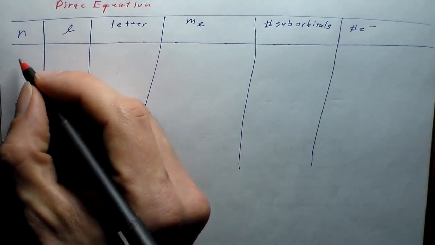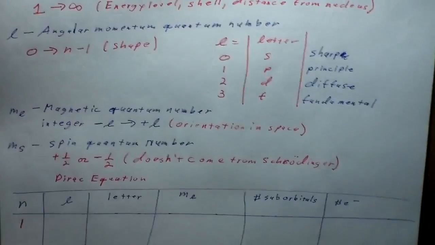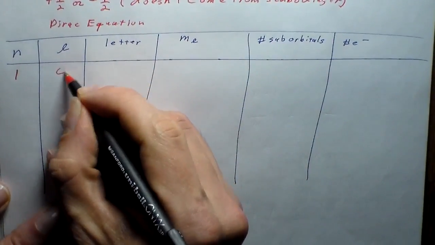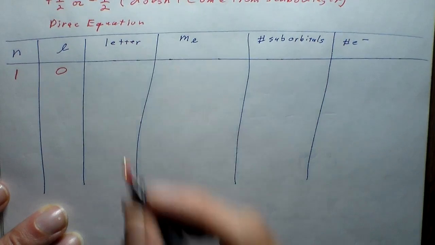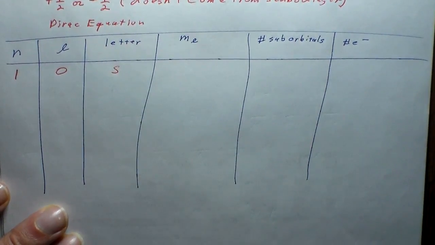So just starting off, for n equals 1, there's only one possibility because L can go between 0 and n minus 1, and n minus 1 is just 0. So there's just going to be one possibility for L. The letter that we're going to have there is just going to be an s. That's all we have.